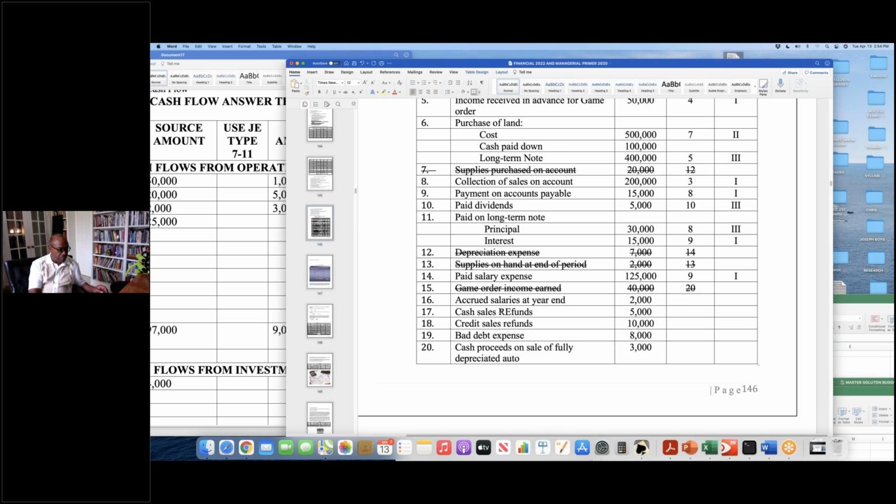I thought that was type 18 or 19. What does it say? I think that's 13 because that's an adjusted entry. It's an adjusting entry. I think we have a type in there for it. 13.